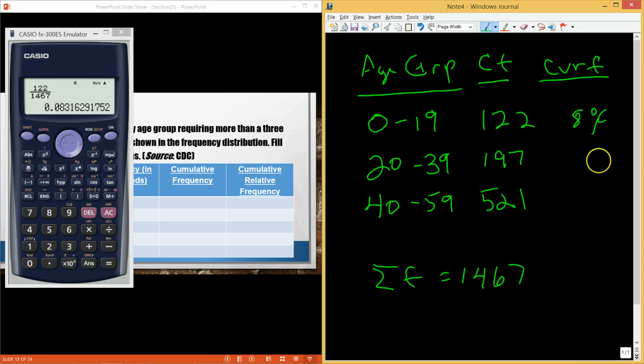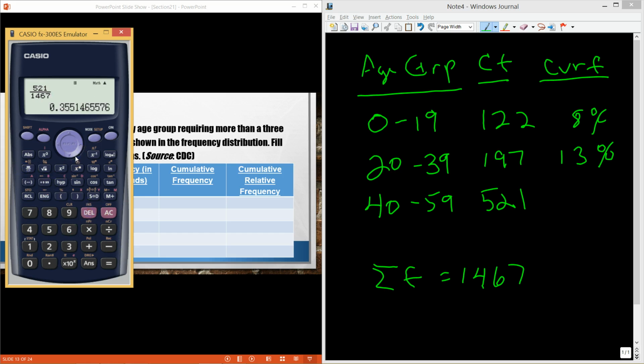And then for the next class, we'll take 197, divide that by 1,467. So there's our next cumulative relative frequency. It looks like it's 13%. And let's go ahead and do one more. 521, that's the cumulative frequency of the third class, divided by the sum of the frequencies.